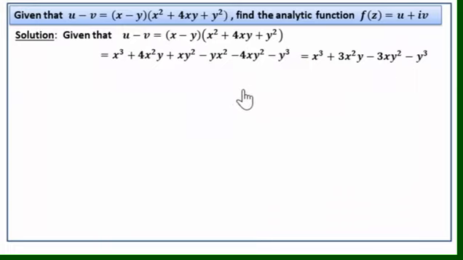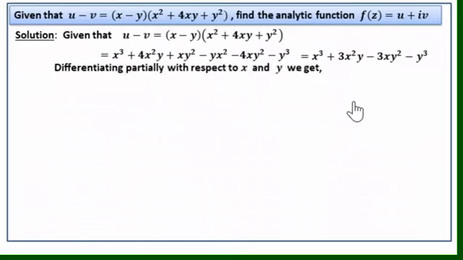Okay, now differentiate partially with respect to x first. We get dou u by dou x minus dou v by dou x, or ux minus vx equal to 3x square plus 6xy minus 3y square. Okay, call it as equation 1. Next, differentiate u minus v equal to this with respect to y partially.